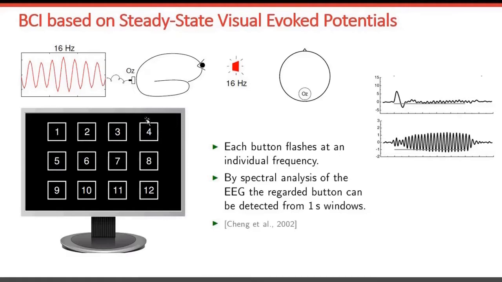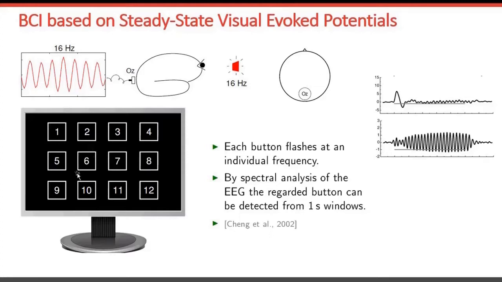For instance, here we have a 3x7 grid of stimuli, which can be replaced by characters. Each of these stimuli flashes at a different frequency. It's not like column and row intensification. It is instead flashing at some frequency. For instance, you can flash this one at 20 Hertz, 16 Hertz, 17 or 30, and some slower range.